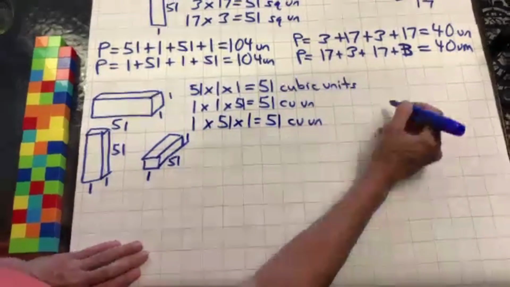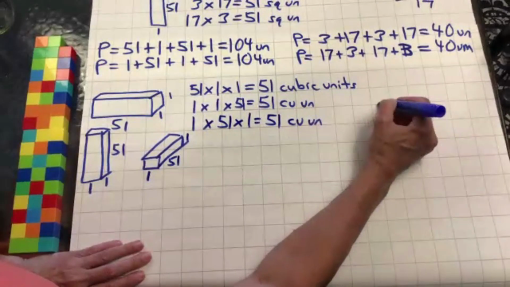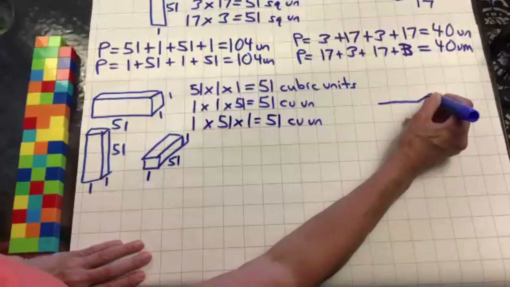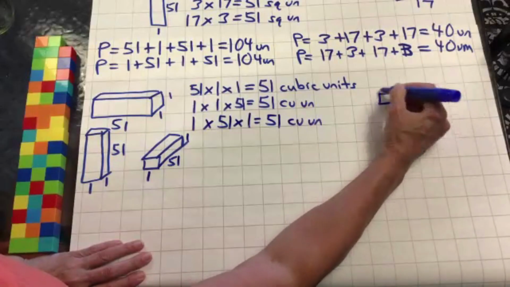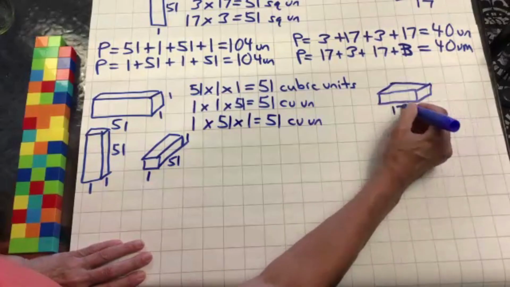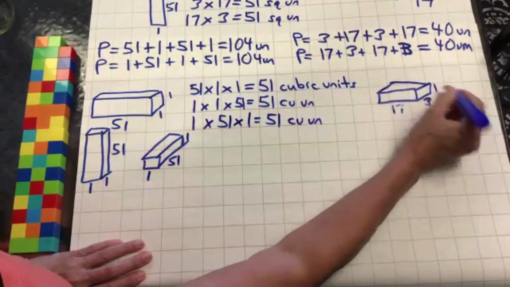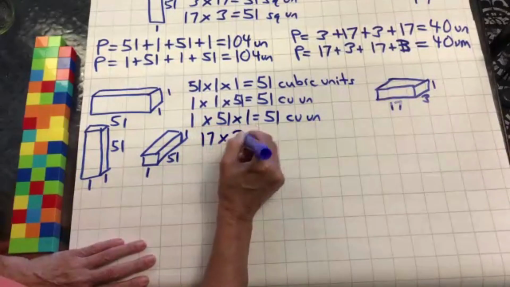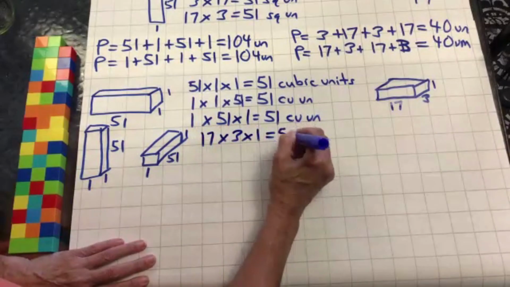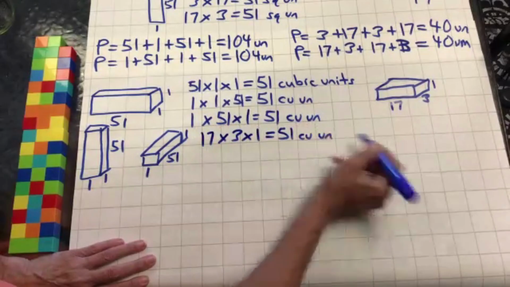Nice. All right, let's go over here and draw the other one. So we have a 17 by 3 by 1. About what it would look like. 17 by 3 by 1. So we're going to write that down. 17 by 3 by 1 equals 51 cubic units.